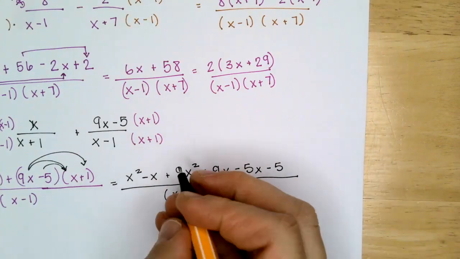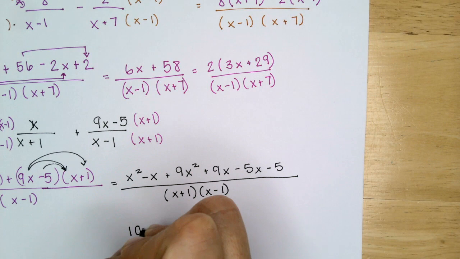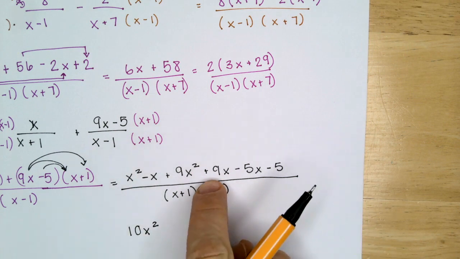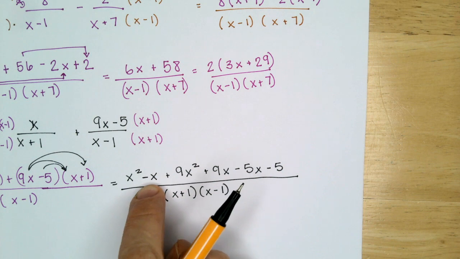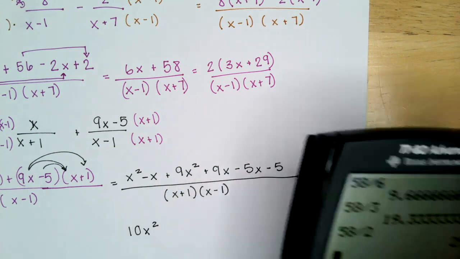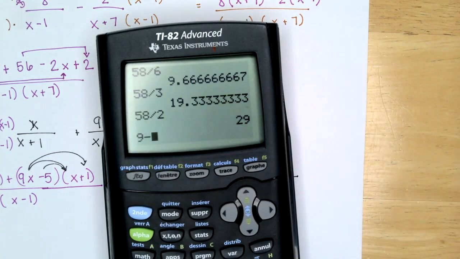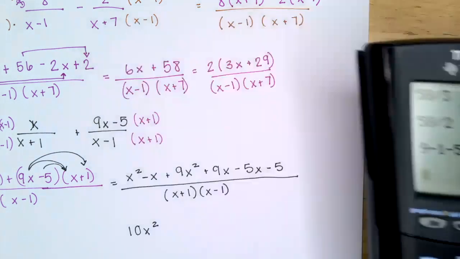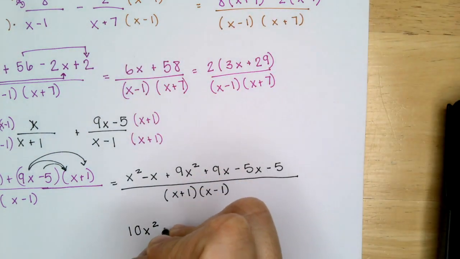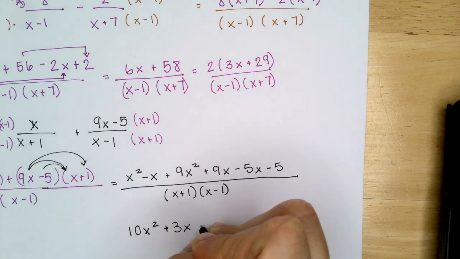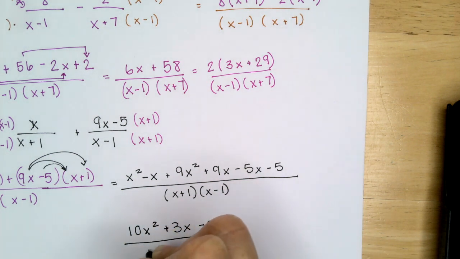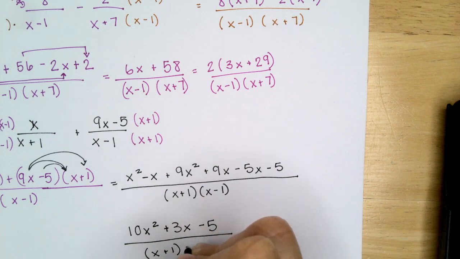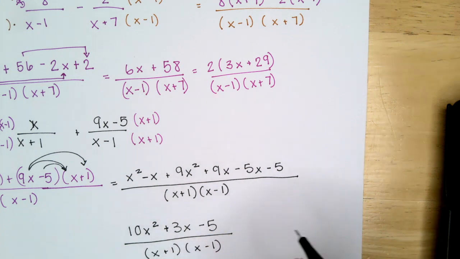Good. x squared plus 9x squared is 10x squared. 9x minus x minus 5x is 3x, minus 5, over (x plus 1)(x minus 1).